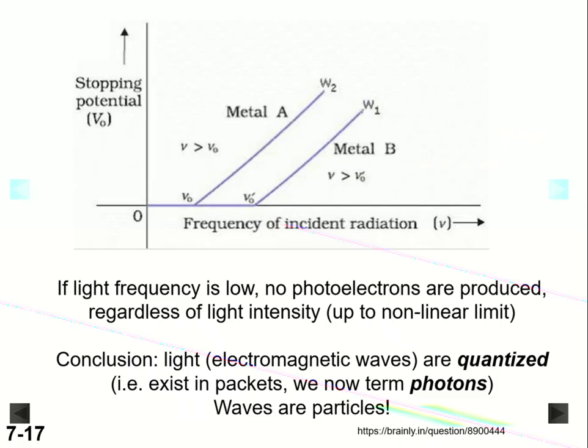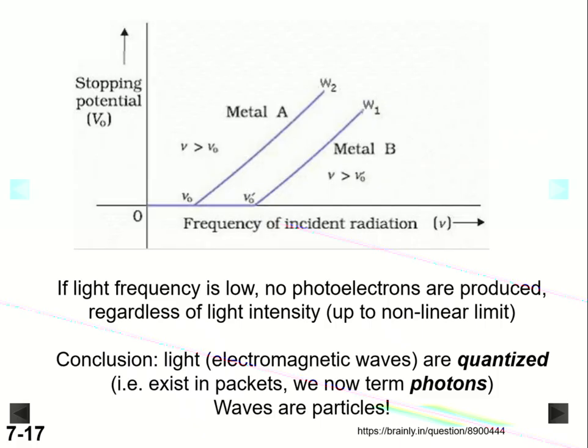So the stopping potential is the voltage going in the opposite direction to keep the electrons from coming off the surface. And so you can see that if the stopping potential is 0, then as soon as you hit the right frequency, the electrons start to come off the surface.